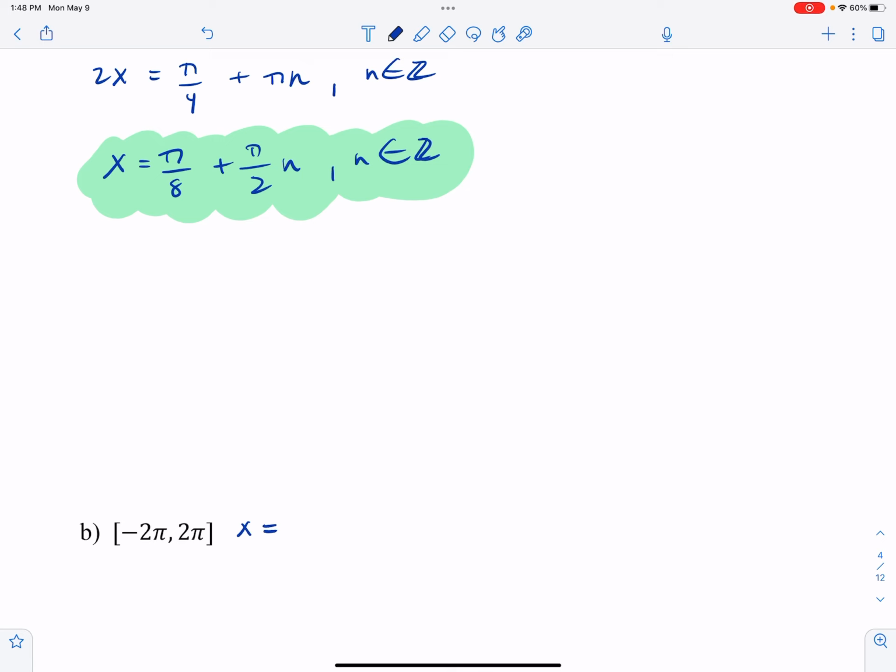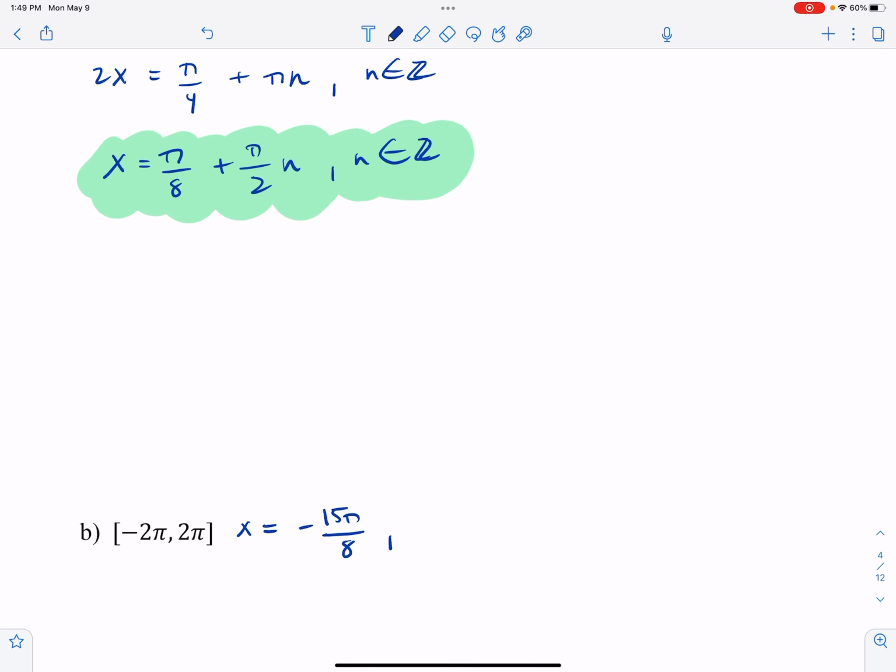So if we let n equal to negative 4, that would be pi over 8 minus 2 pi, which would be minus 16 pi over 8, which would be negative 15 pi over 8. So that was letting n equal to negative 4.